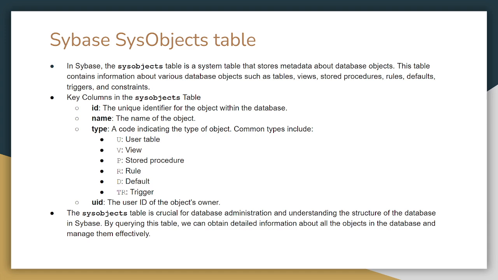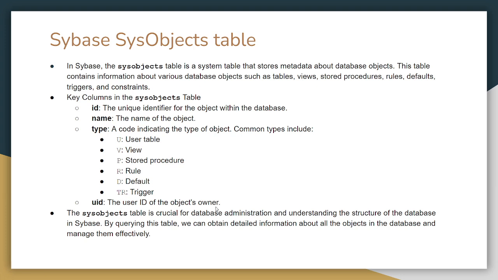This table has some key columns, such as ID, which is a unique identifier, name, the name of the object, and type. Common database objects are user tables, views, stored procedures, rules, defaults, and triggers. You can see the naming convention: U for user table, V for view, P for stored procedure, R for rule, D for default, TR for triggers, and UID, which is the user ID of the object's owner.